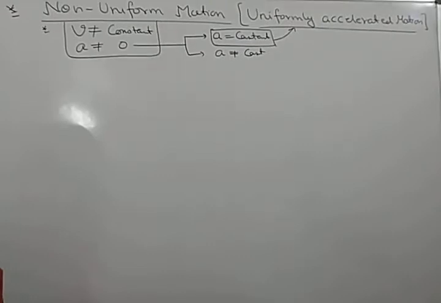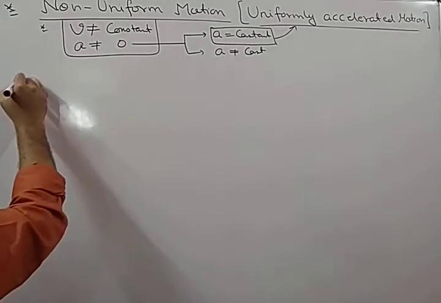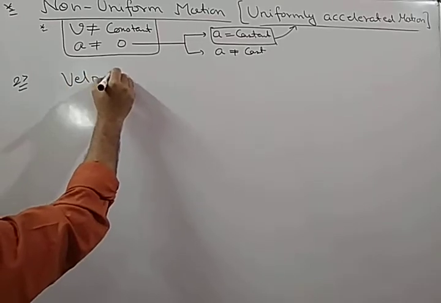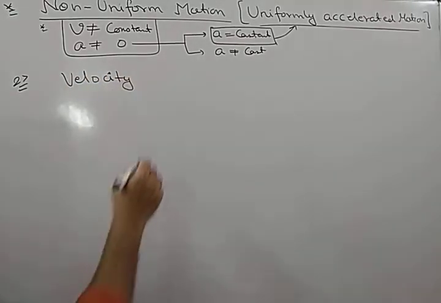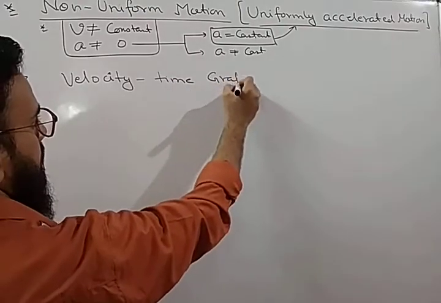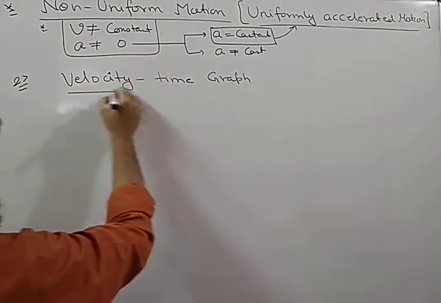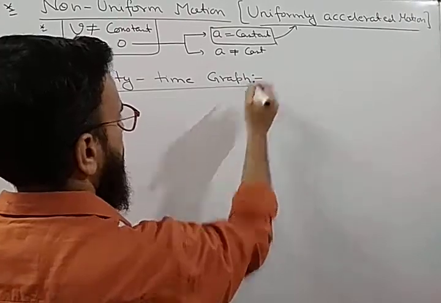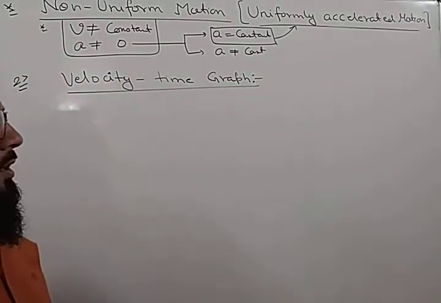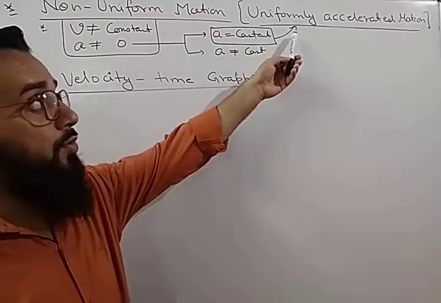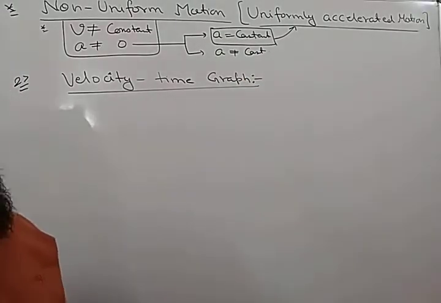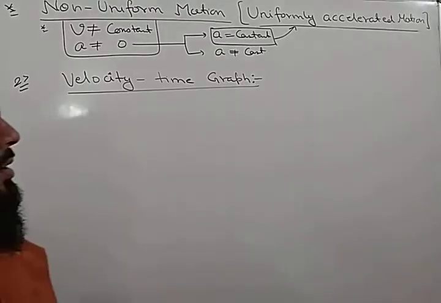So we are going to start the second graph of uniformly accelerated motion, which is the velocity time graph. So we are discussing uniform acceleration, uniformly accelerated motion.